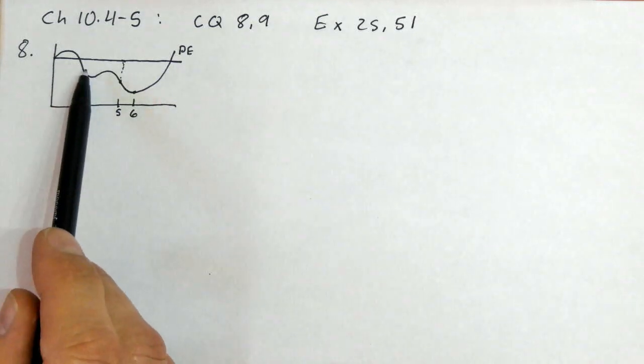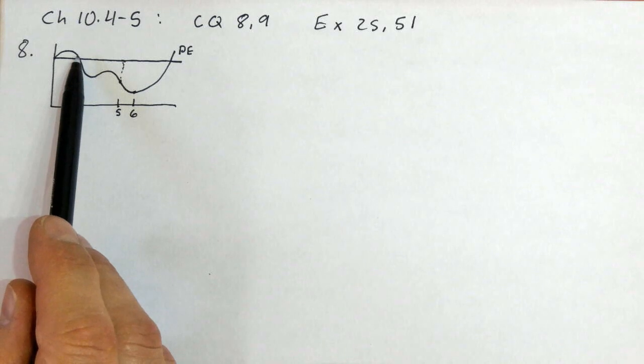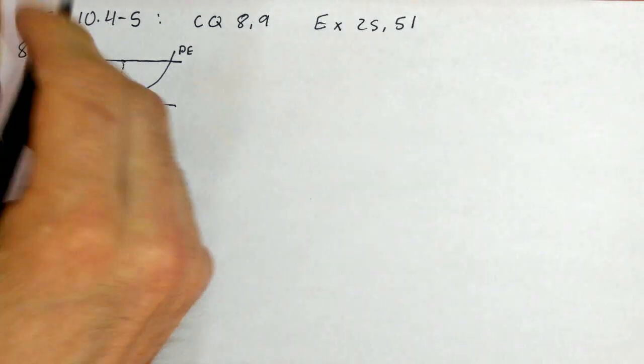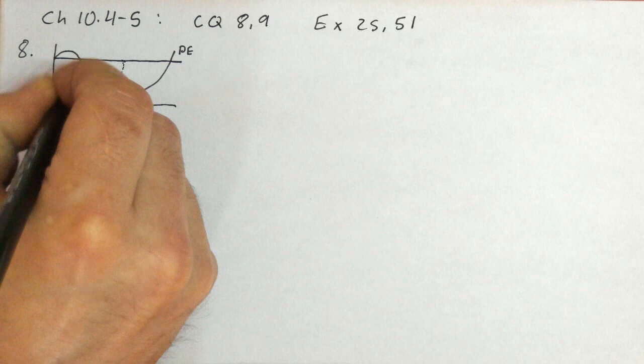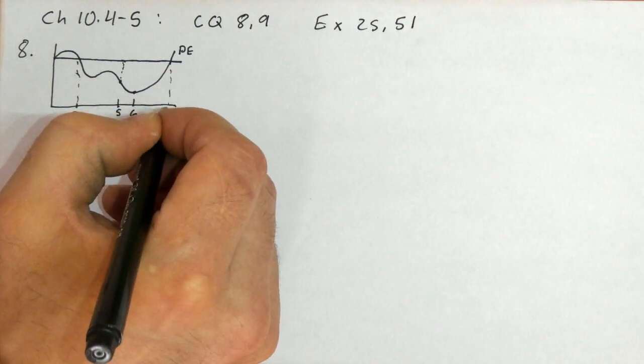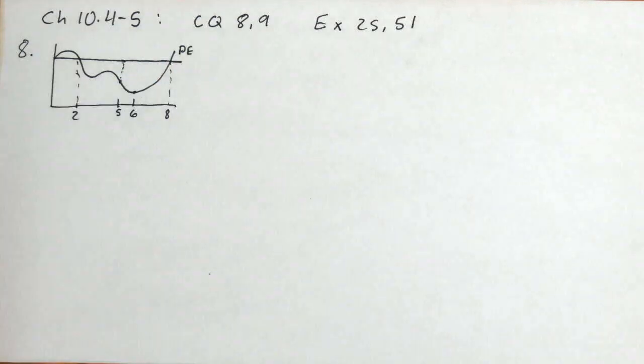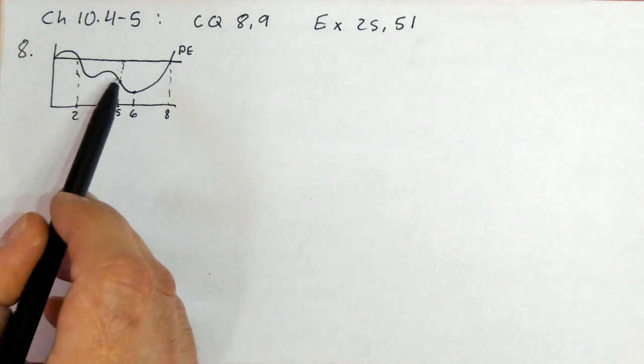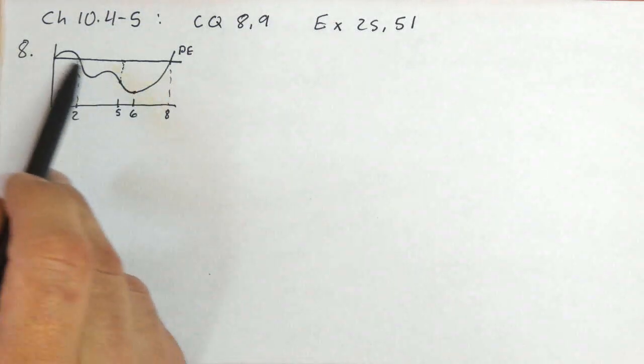It's where the potential energy equals the total energy. So at this point right here, which is at 2, and at this point right here, which is at 8, that is where the kinetic energy is 0, and therefore the particle's velocity is 0. And given that it has motion in between, that means it's a turning point.